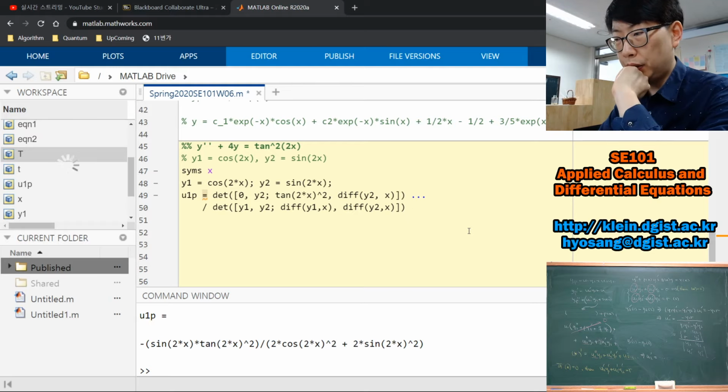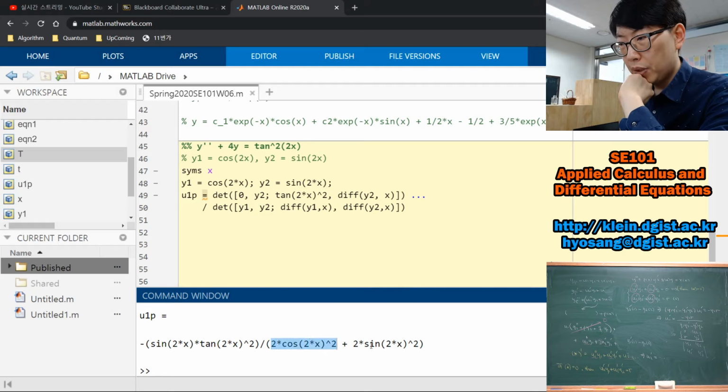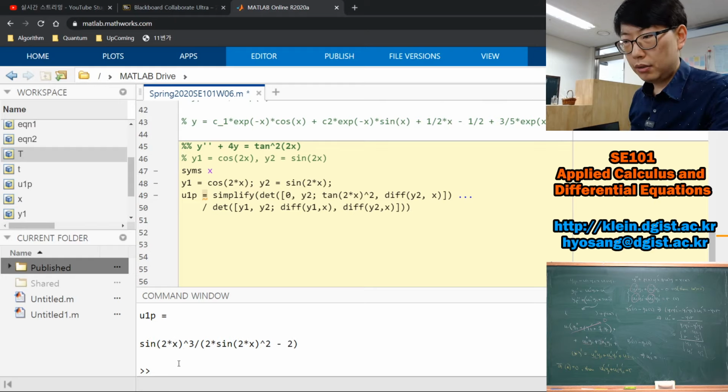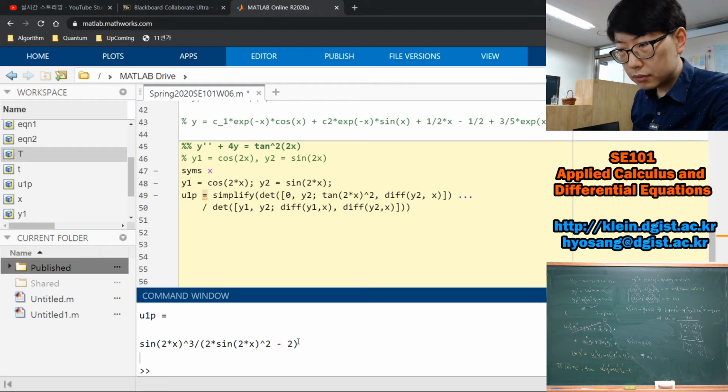So this is U1P. If you take the result, you see the denominator didn't simplify because it simply computes the entire line here. So you can make it simpler by using the simplify method. Then you have a simpler formula, right?